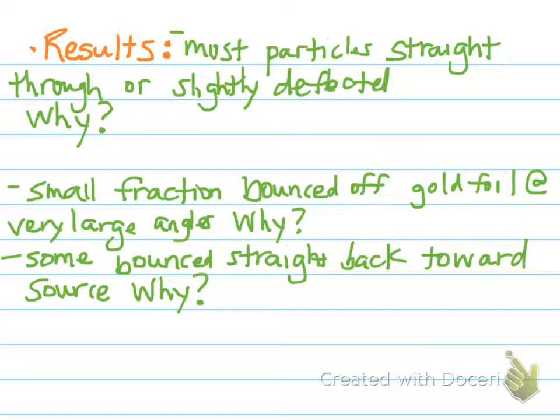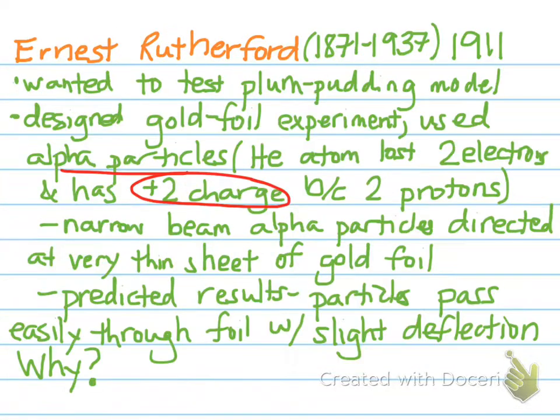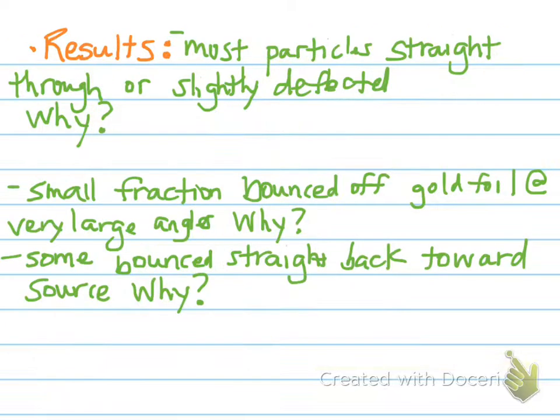Now, again, remember, he'd already made a prediction. His prediction was that these should go straight through with only a slight deflection. So, this first little bit here, right? This is what he predicted. So that would be consistent with the plum pudding model according to him. However, the problem is that's not all that happened. He had these particles that bounced off the gold foil at a very large angle.